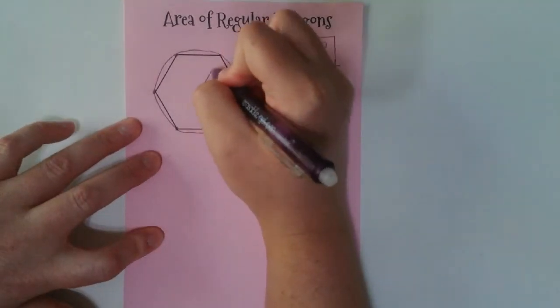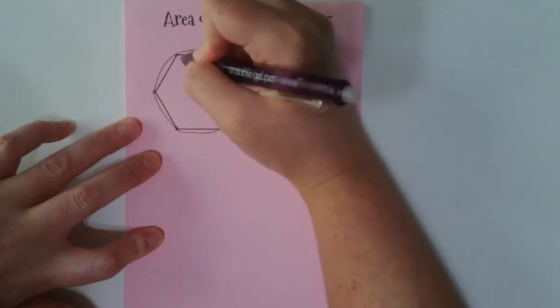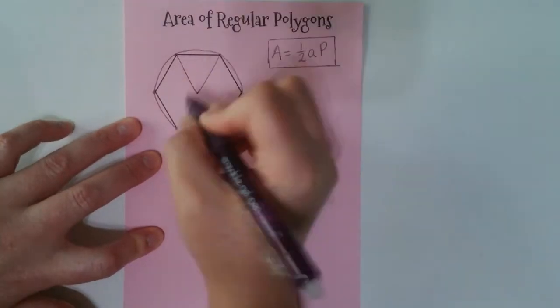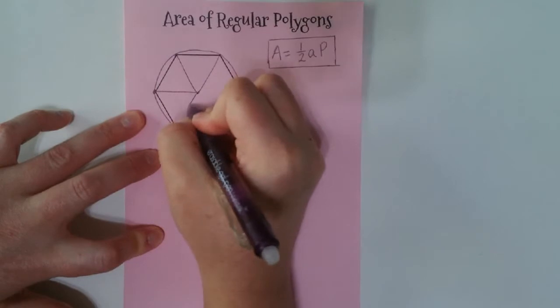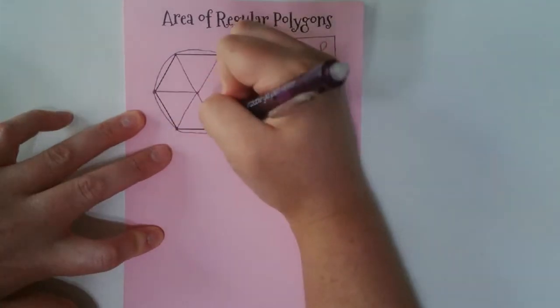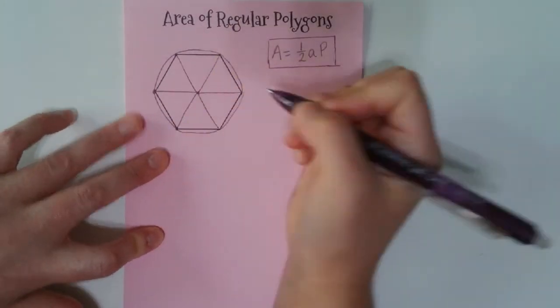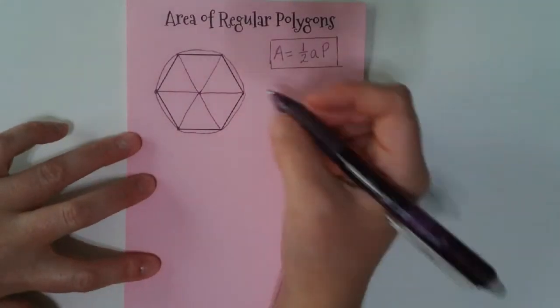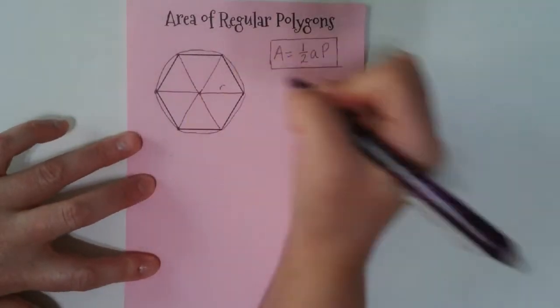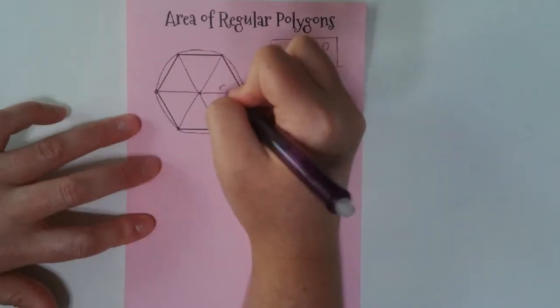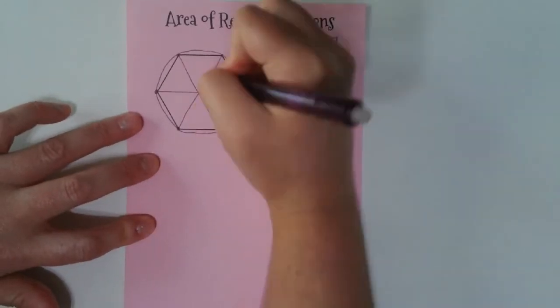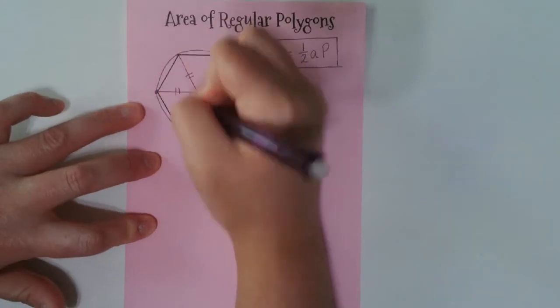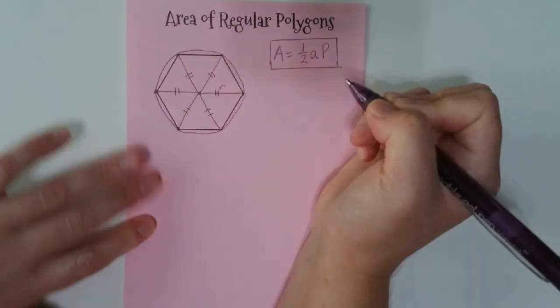From here to each of the vertices of the hexagon are the radius of the circle. So all of these are radius. I'm going to mark it with 2 tick marks. All of these are the exact same length.